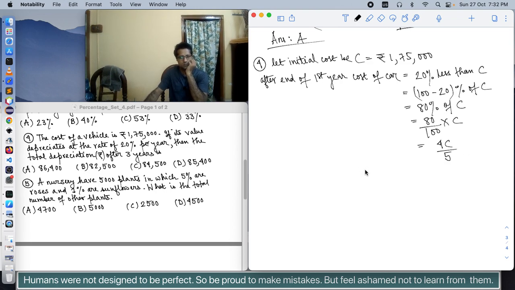Okay, so this is the price of the car at the end of first year.